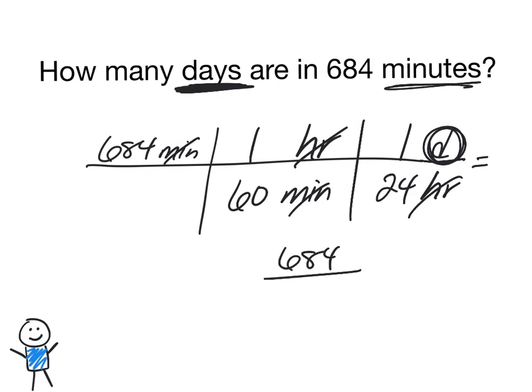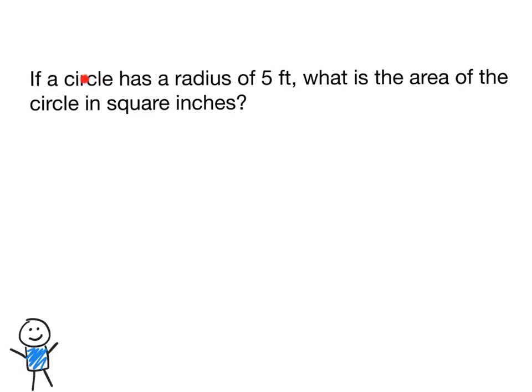On the bottom, 60 times 24 gives me a value of 1440. I got a value of 0.475 and we're in days. So what that means is 684 minutes is the same thing as 0.475 days.